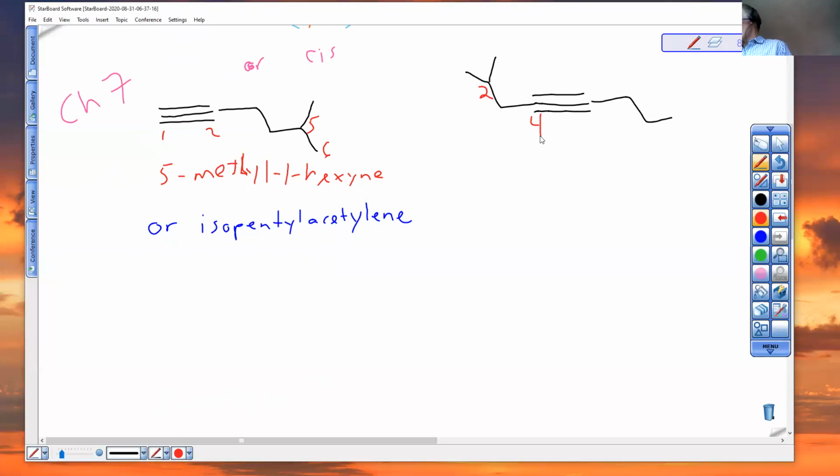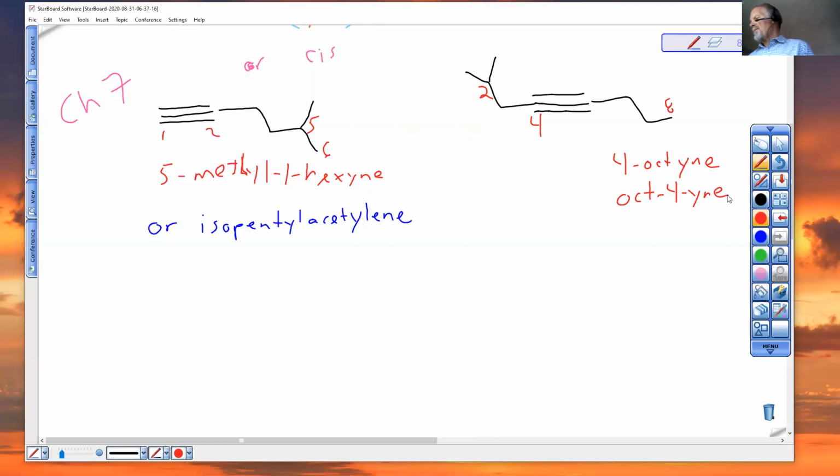Got the alkyne on 4, 5, 6, 7, 8. So it's octyne. So we can go 4-octyne. And I forgot to bring it up in the previous example. It's always acceptable to move the 4 closer to the yne.